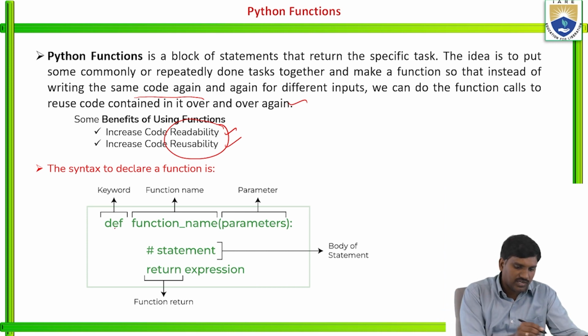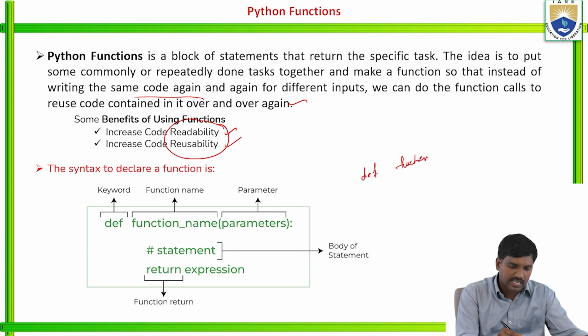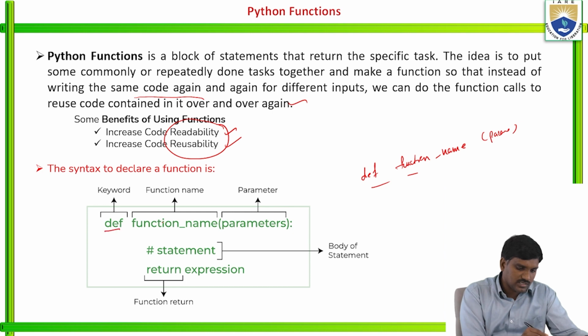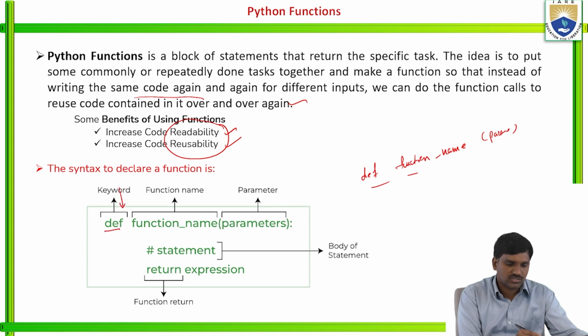So what is the syntax of using functions in Python? Here, def, space, function_name, then the parameter. Def is the basic keyword of a function. For the function name, whatever name you like, you can give it in the place of function name. And the parameter, which you use to execute, you can mention in the place of parameter.